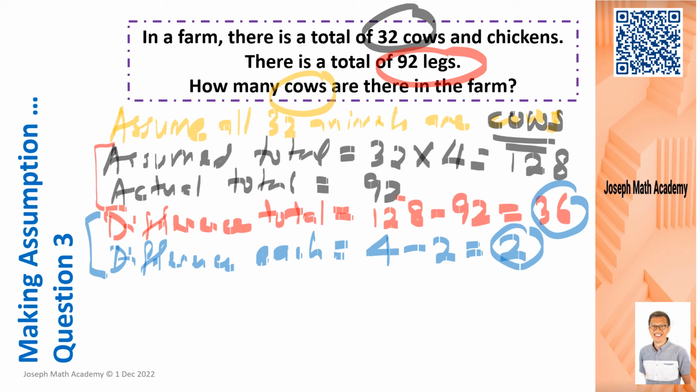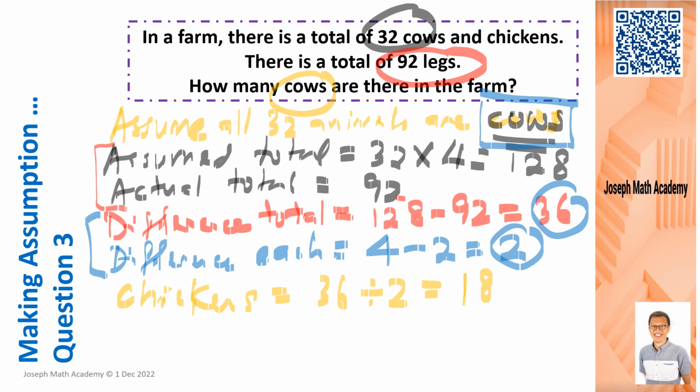Now, since we assume all are counts, our answer will be chickens. So 36 divided by 2 equals 18.